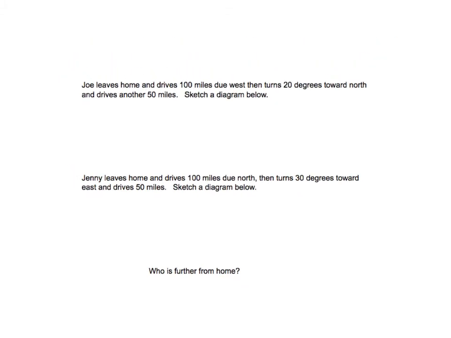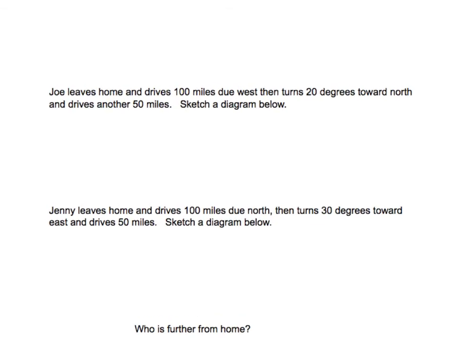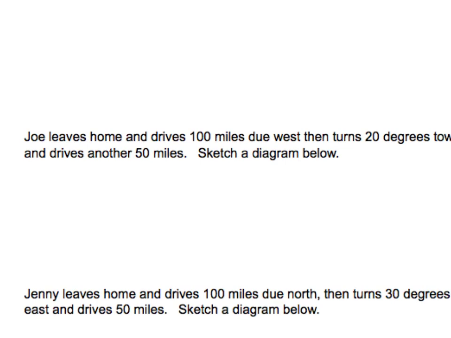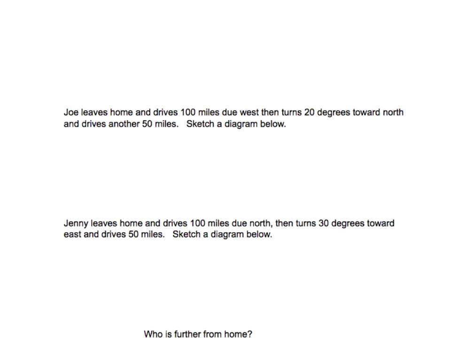Okay, so now let's think a little bit here. We have a situation where Joe leaves home and drives 100 miles due west, then turns 20 degrees towards the north and drives another 50 miles. So they want us to sketch a picture of what this actually looks like. Let's put a compass over here.